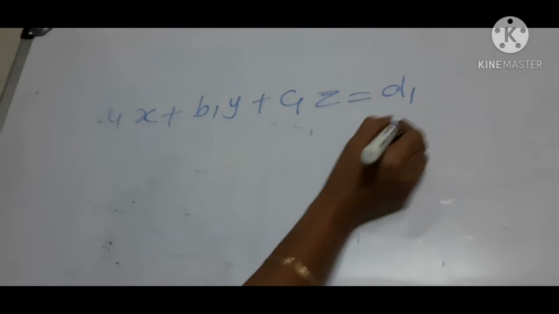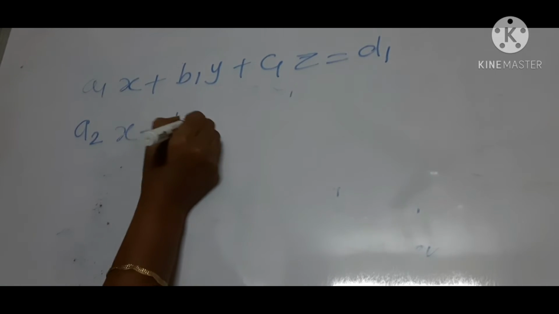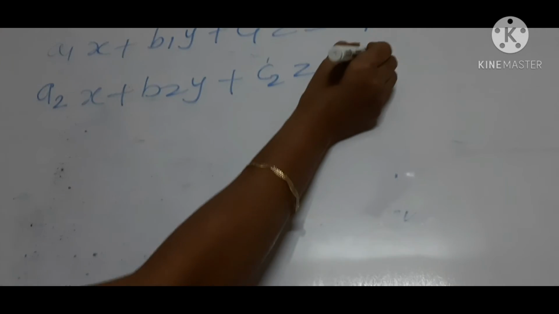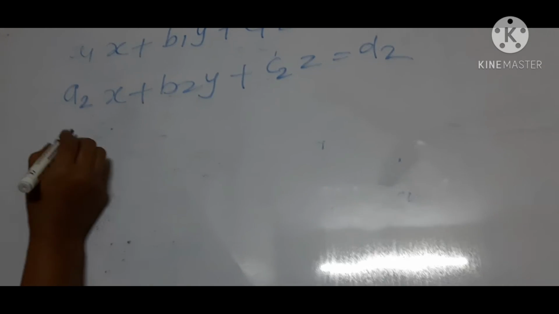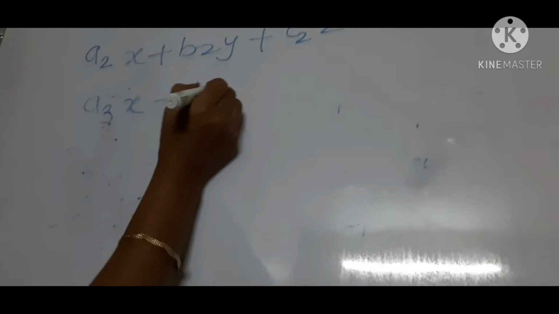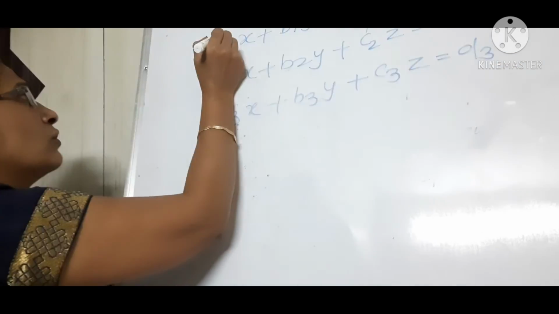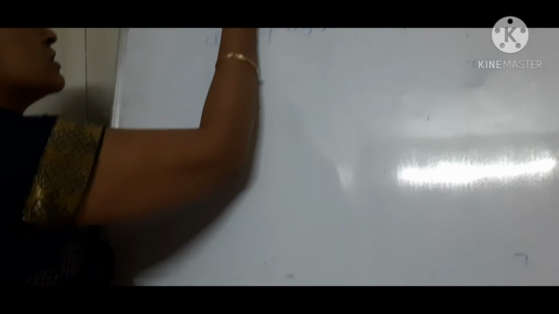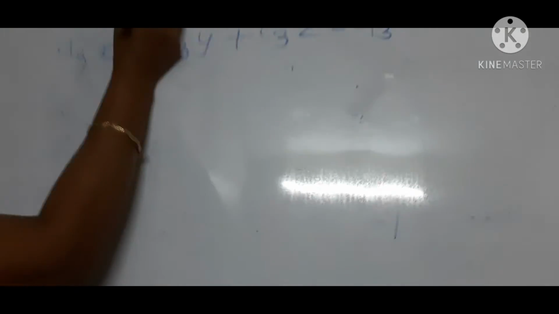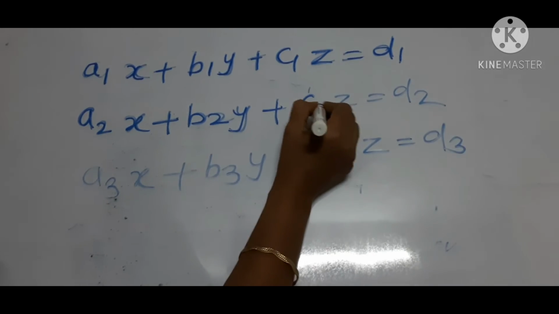The equations will be like this: a1x plus b1y plus c1z is equal to d1, a2x plus b2y plus c2z is equal to d2, a3x plus b3y plus c3z is equal to d3.